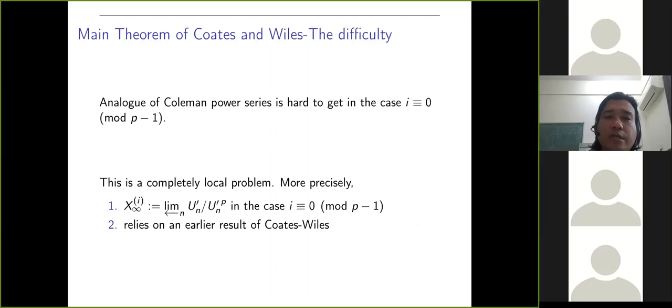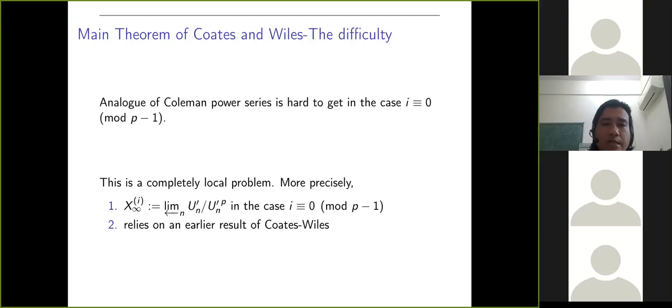This terminology, Coleman power series, does not seem to have existed at that time, but nowadays it is there, and it seems that it's difficult to get this power series. And the other thing is that the problem they are saying is difficult is a completely local problem. So let me just give you a sense of what it is.